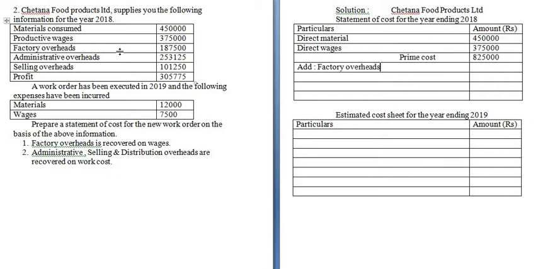Factory overheads amount is already given, so you just need to add it here. The amount is 1,87,500. Now make a total, and this total will be called works cost.